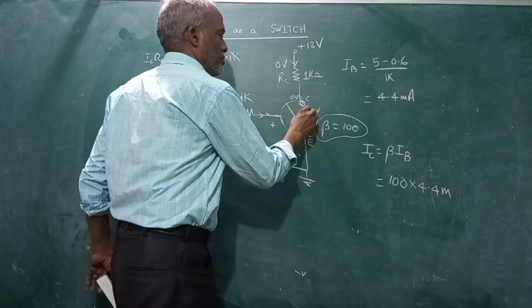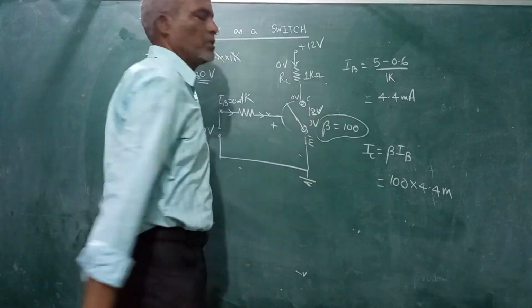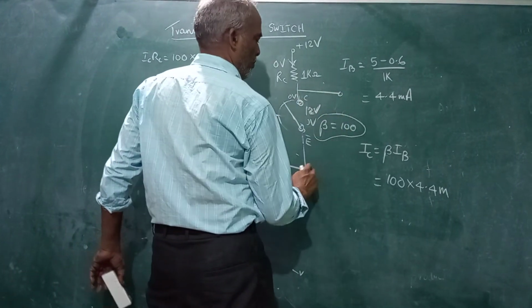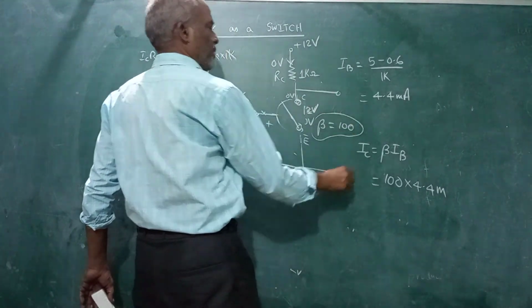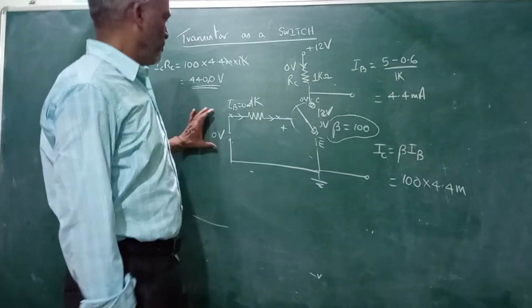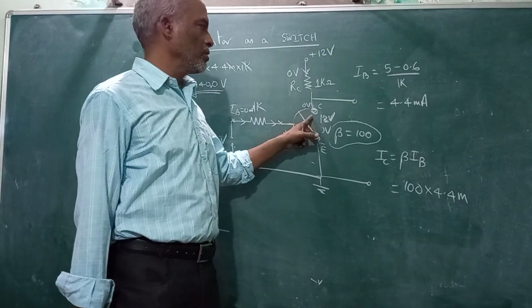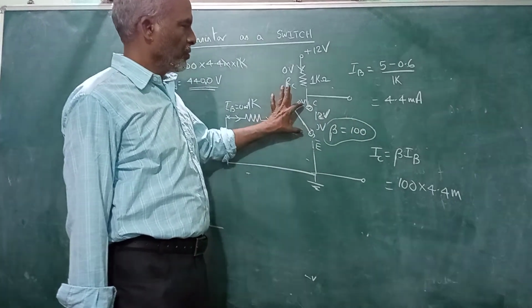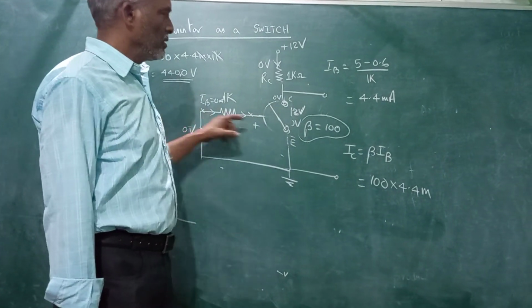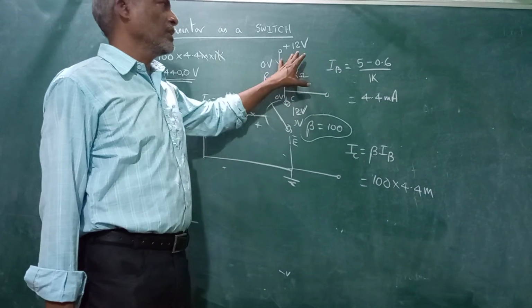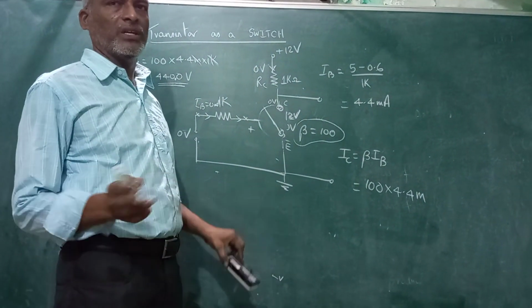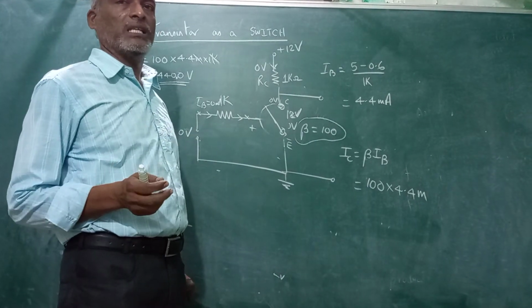This is a switch, so the voltage across the switch is 12 volts. Suppose you take the output between collector and emitter. In the previous case, it is a short, therefore you will get 0 volts. And if you give 0 volts, the switch is open, you will get 12 volts, that is maximum voltage. That means the transistor now works as a switch.